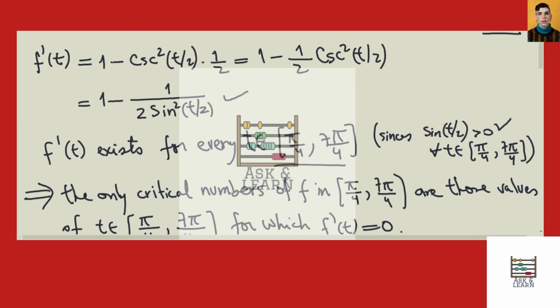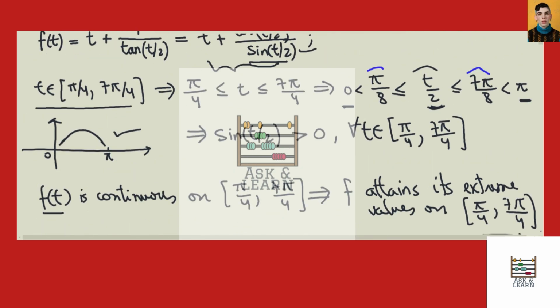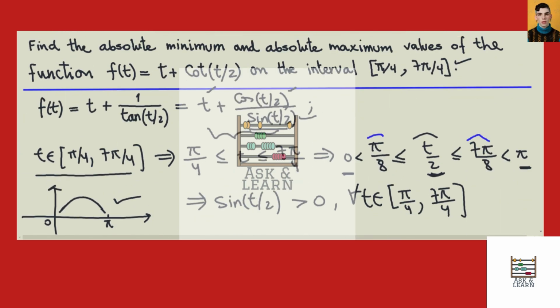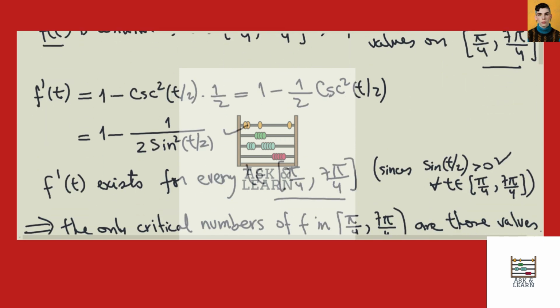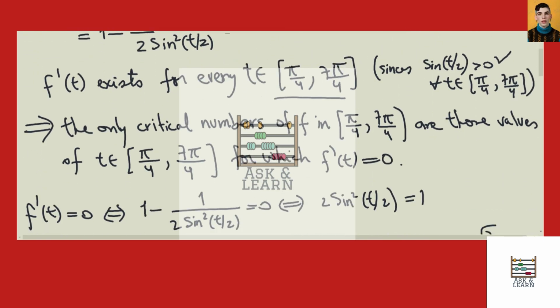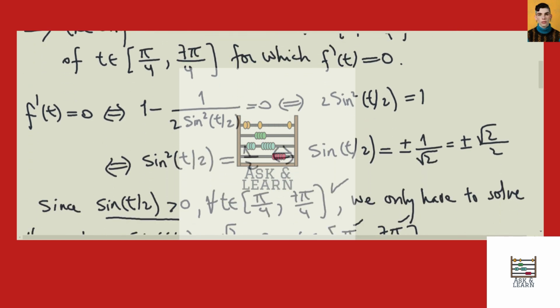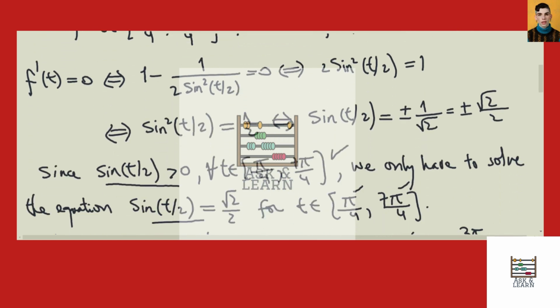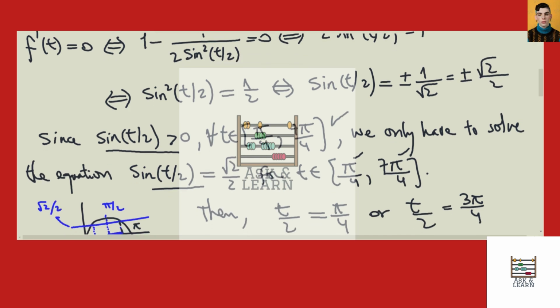We calculated the first derivative, and we obtained an expression which is never undefined, because the denominator is just sine of t half, as in the definition of the function. We verified above that this denominator is always positive and not zero.